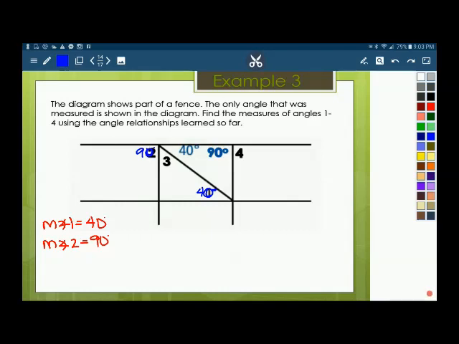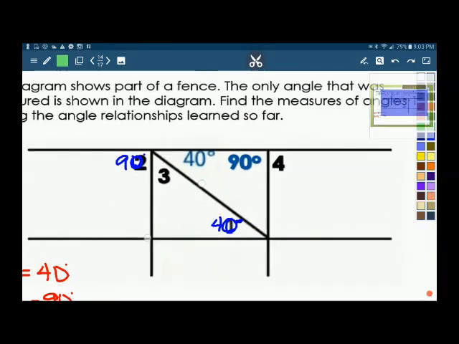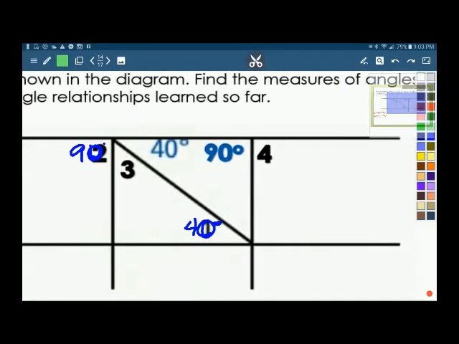Okay, so now that I know those angle measurements, I want you guys to notice that for both angles 3 and 4, we can use that linear pair relationship. Okay, so let's look at angle 3. Angle 3 is like smushed between two angles. So we have 1, 2, 3 different angles, but they're all forming together this straight line.